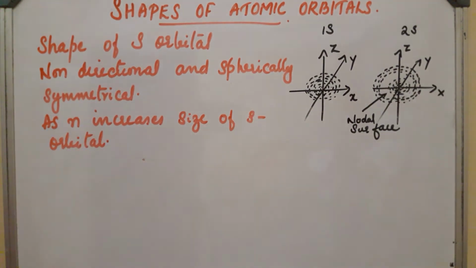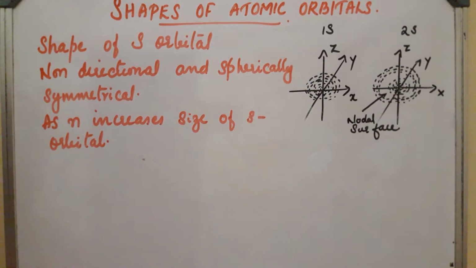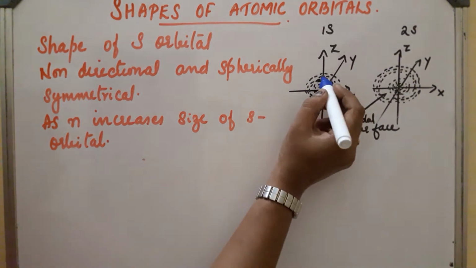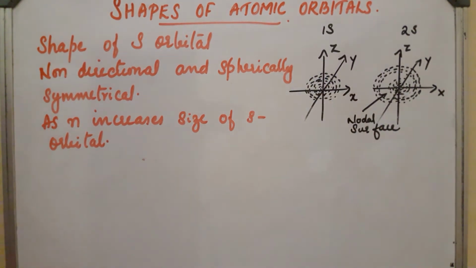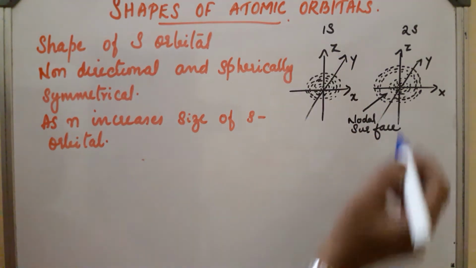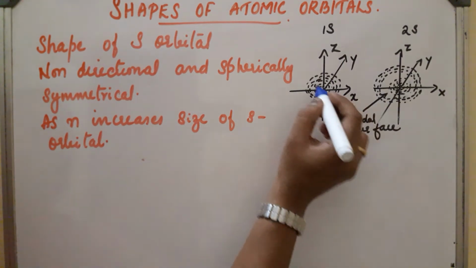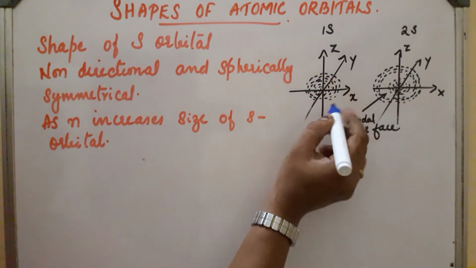These are the two graphs representing the spherical symmetry of 1s orbital and 2s orbital. Here, the dots represent the probability of finding the electron along the x, y and z axes, and this is in the case of 2s orbital. Here these dots are full.